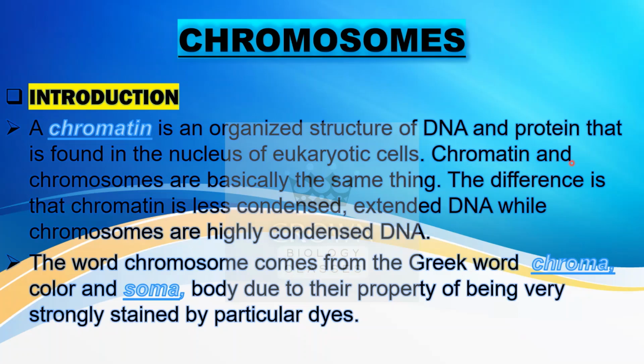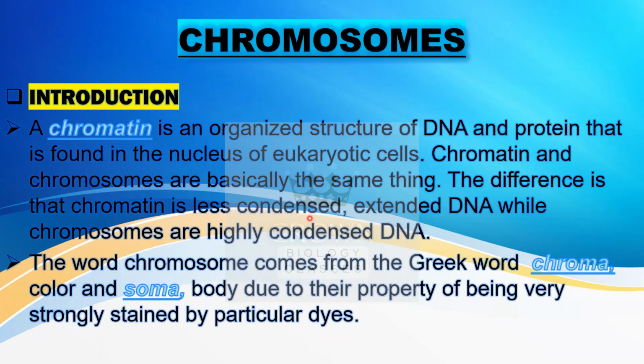Chromatin and chromosomes are basically the same thing. The only difference is that chromatin is less condensed and extended DNA, while chromosomes are highly condensed DNA. Something which is less condensed will have more length.